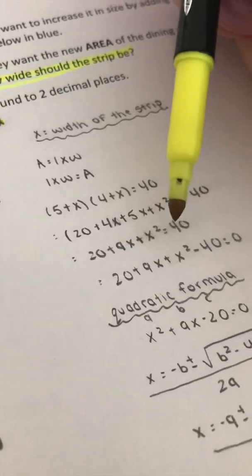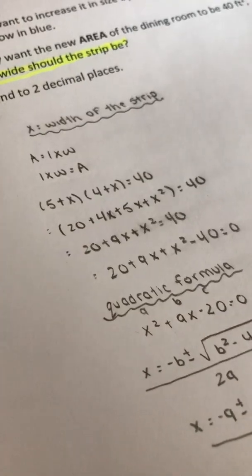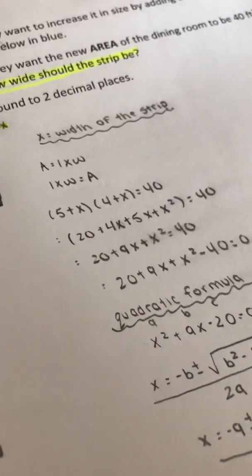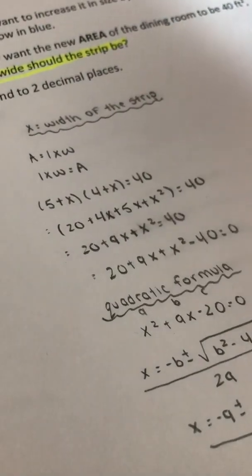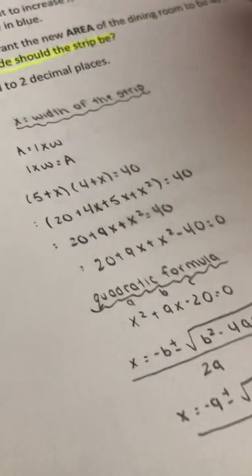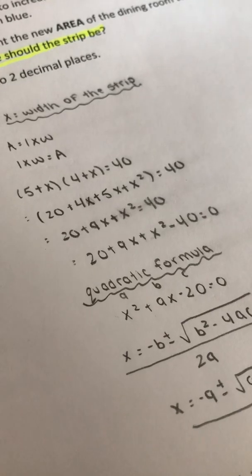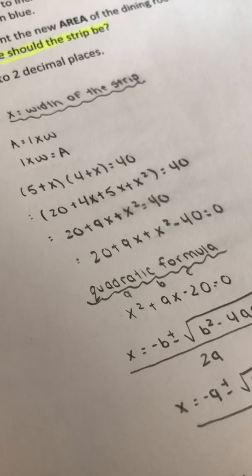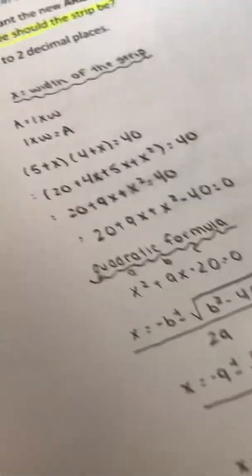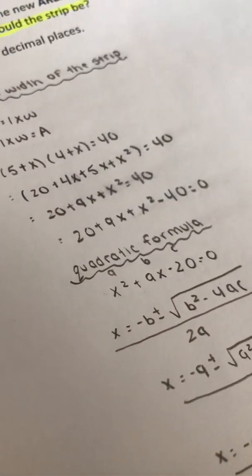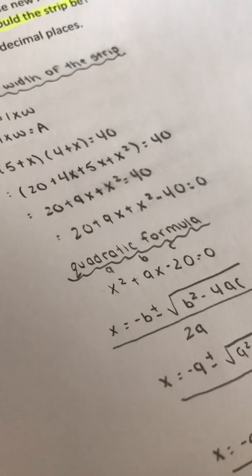We need to bring this 40 over to the other side of the equal sign because we need the equation to equal 0. When you bring it over, you do the opposite, so I subtracted 40. After that, I collected like terms and put it into the formula I'm used to, which is standard form.